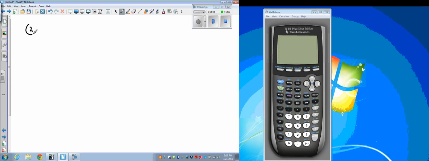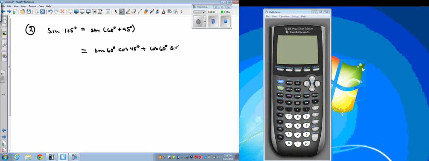Okay, number 2, sine 105. So what are you going to do there? This is like 60 plus 45. See, these ain't so bad, are they? So then this is the sine of 60, cosine 45, plus cosine 60, sine 45.